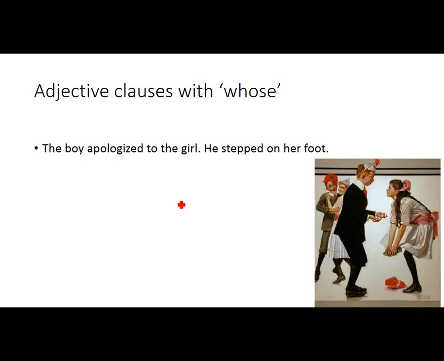This one is a little more difficult. I have, the boy apologized to the girl and her foot. Here you'll notice this, her foot is at the end of the sentence. When I make this into an adjective clause, this idea will have to move to the beginning of the adjective clause with whose.